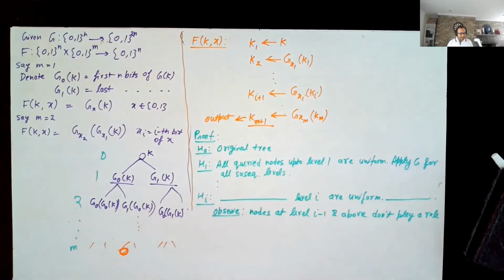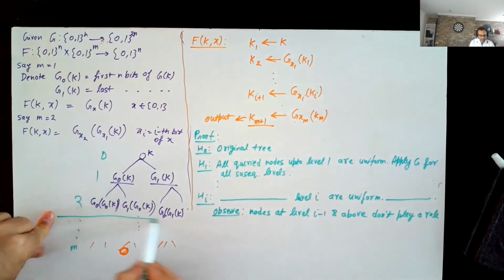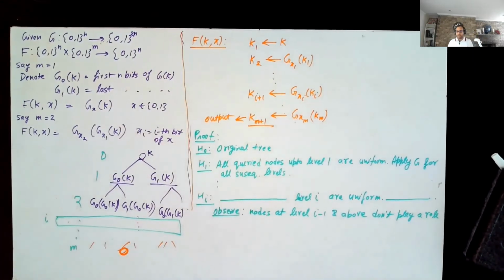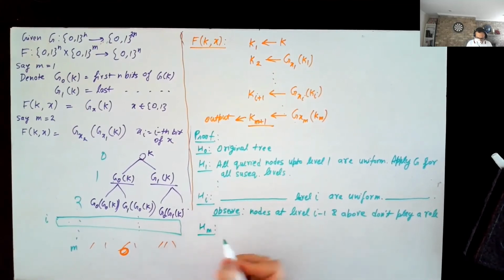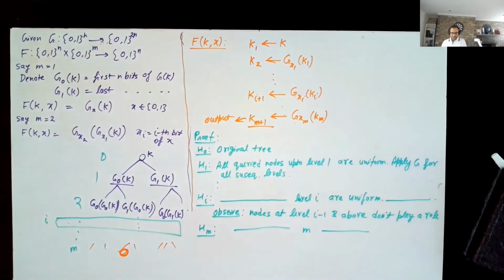So essentially you are cutting off some upper part of the tree. You don't even need to sample uniform strings for that. I can just directly sample uniform strings for level I. I don't need to care about the top half of the tree. And then finally, we will have our level HM, where all nodes at level M are uniform. Again, we are only talking about queried nodes.